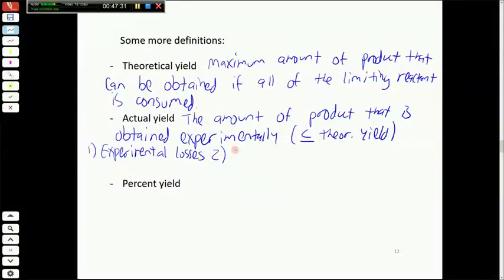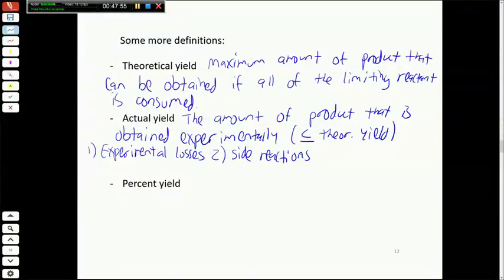Another possibility is what's called side reactions. There are two possibilities for side reactions. One type is where two or more of the reactants in your reaction do something else as well. In other words, they can react in two different ways to form two different products. That generates a different product than the one you actually want.